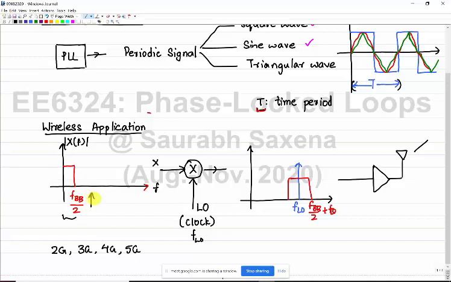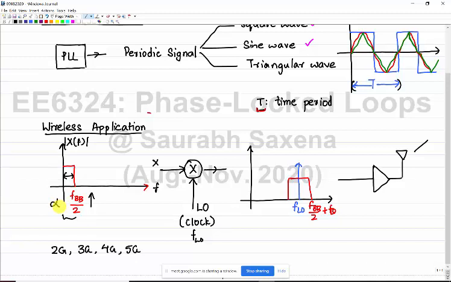Okay, so whatever information we are sending from one point to another, that information is available in this baseband signal, and how much information can be delivered is proportional to the bandwidth of the signal.